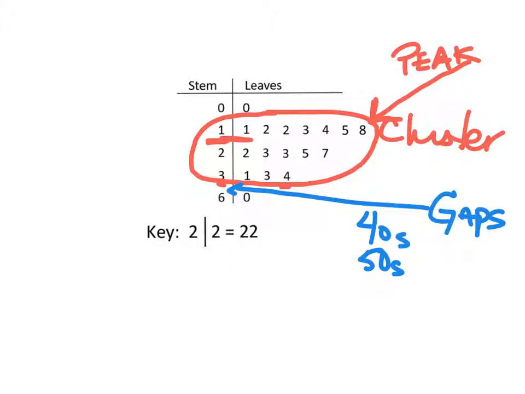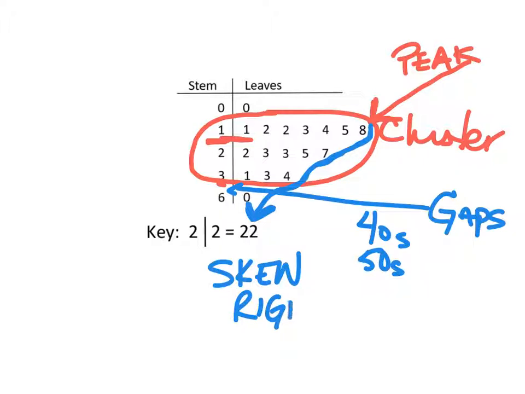Finally, do we have symmetry or do we have skewing? I would argue that it appears as though our data skews this way. Our peak, which is off-center, it's not in the middle of the graph, skews to the right as the data trails off into the 20s, 30s, and then finally finishing at 60.